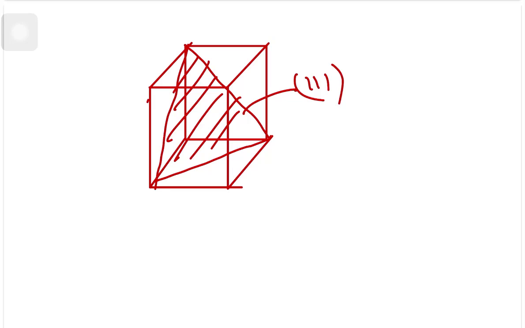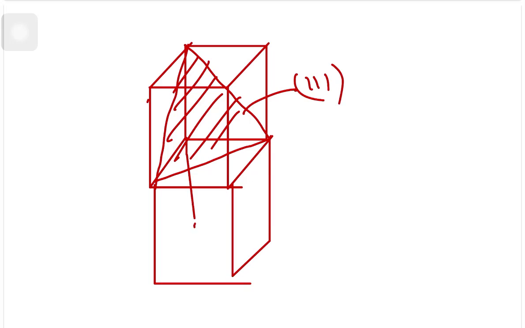Now if I make another unit cell here at the bottom, the other 111 plane is this plane. This is the common line here.